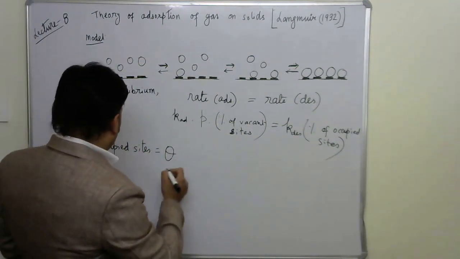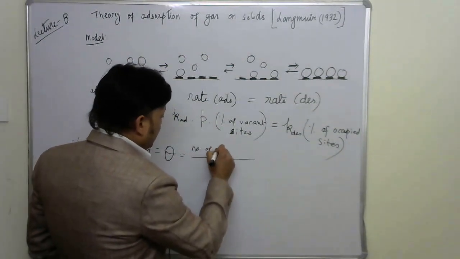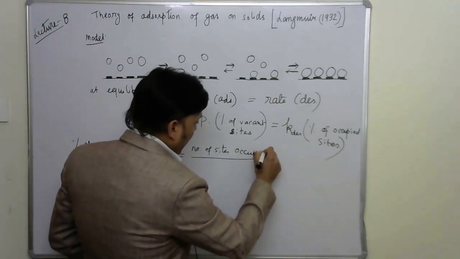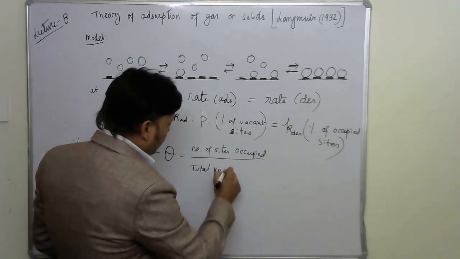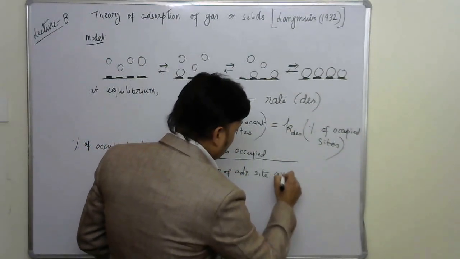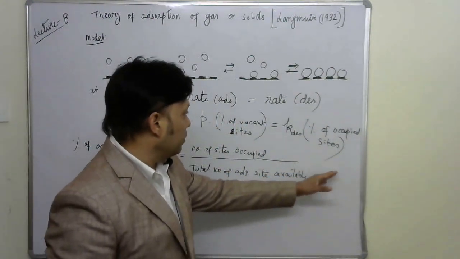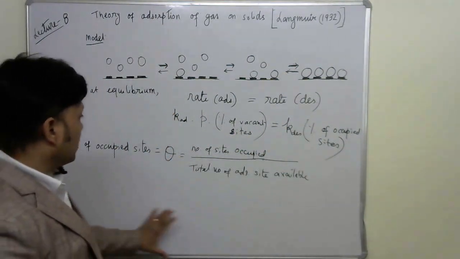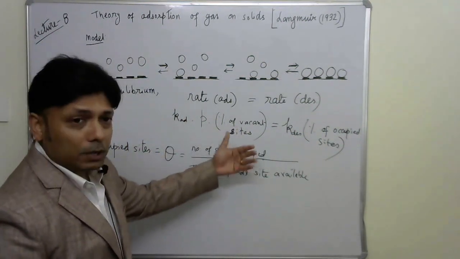So we define theta as the number of sites that are occupied by the adsorbed gas molecule divided by the total number of adsorption sites available. When you multiply that by 100, it becomes the percentage, but here instead of a percentage value we are expressing it in terms of theta, so that the expression in this equation becomes simpler.